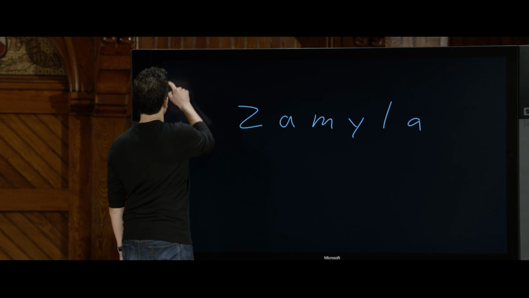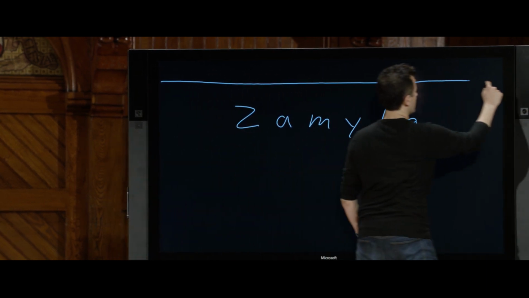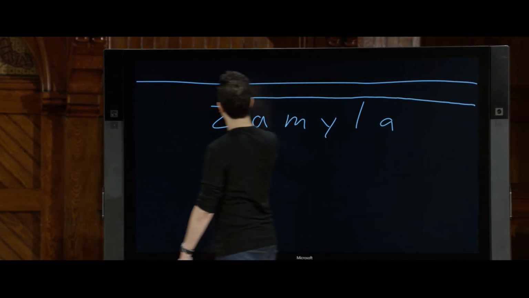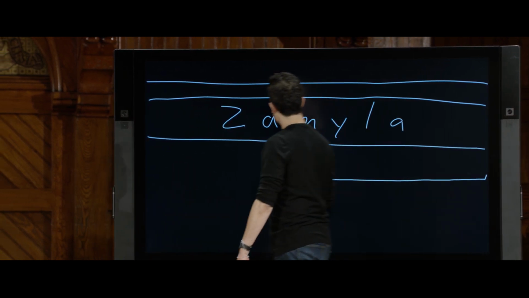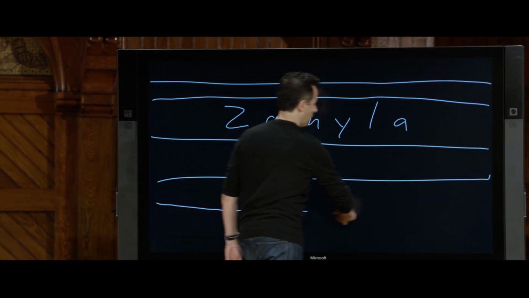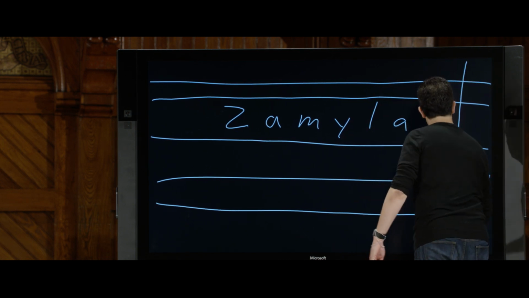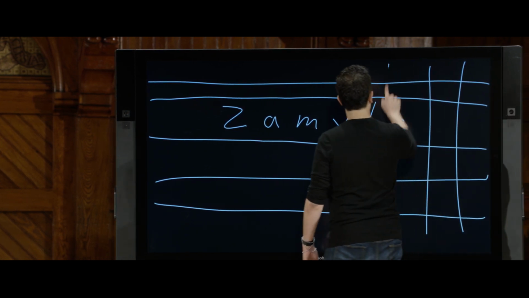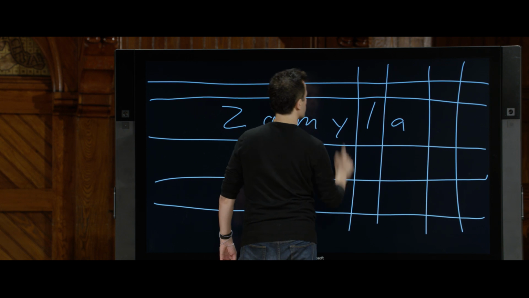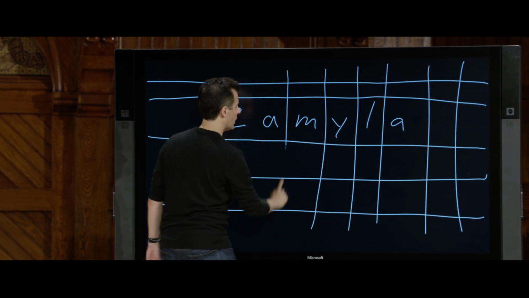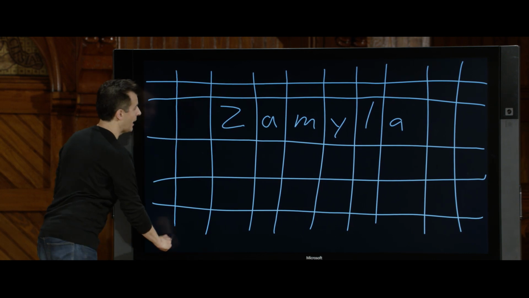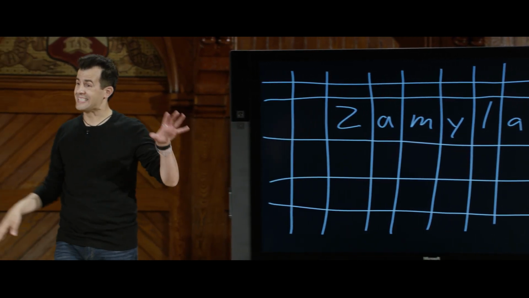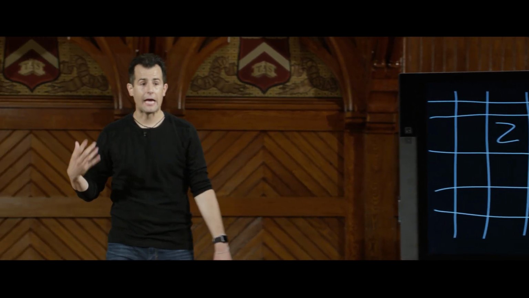So for instance, maybe we can divide it into rows and columns like this, not necessarily to scale. And it's more rows and columns. So on the screen here, I'm just dividing things into the individual bytes of memory that we saw a moment ago. And so indeed, underneath the hood of the computer is this layout of memory. The compiler has somehow figured out, or the program has somehow figured out, where to put the Z and where the A, and then the M and the Y and the L and the A.